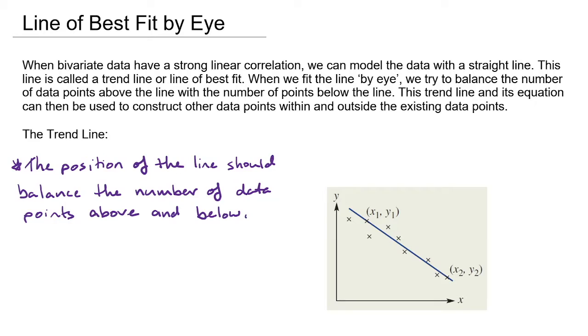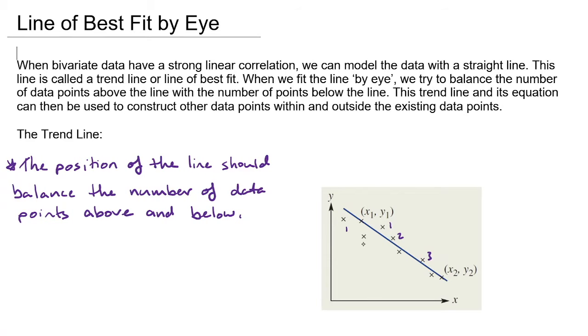So we should, as much as humanly possible, have the same number of data points both above the line and below the line. In our little example diagram, we can see there is 1, 2, 3 above. There is 1, 2, 3, 4 below. So it's fairly balanced. It's not quite exact, but if there's an odd number of points, then you're probably going to have it exactly the same, but it's fairly well balanced there.